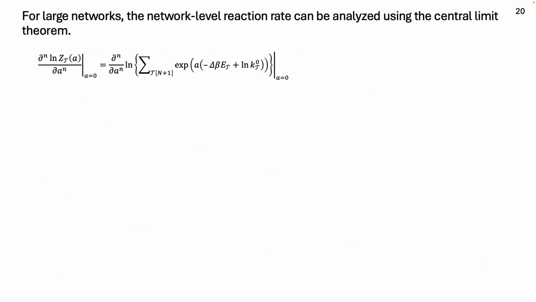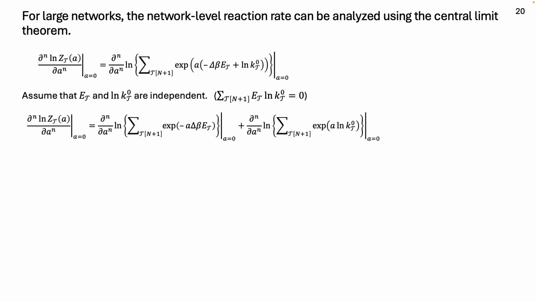And then the partial derivative of log ZT, by definition, is written here. And then we assume ET and log of KT0 are independent. It means the summation of the cross term equals 0.